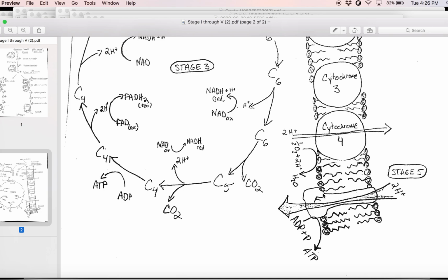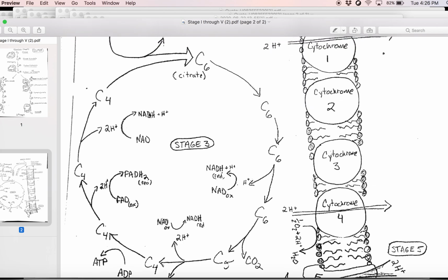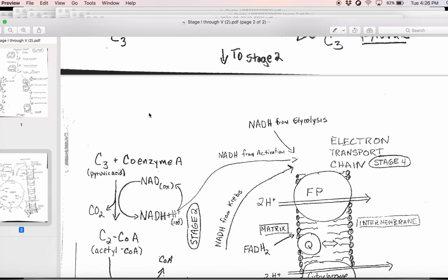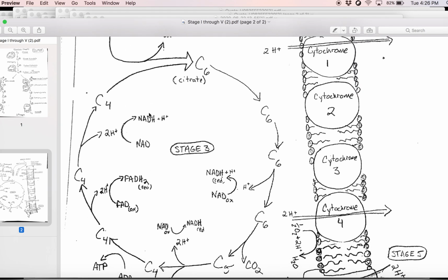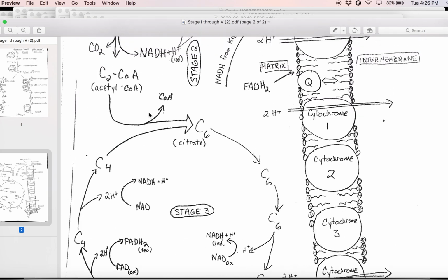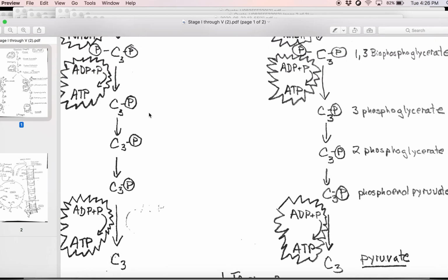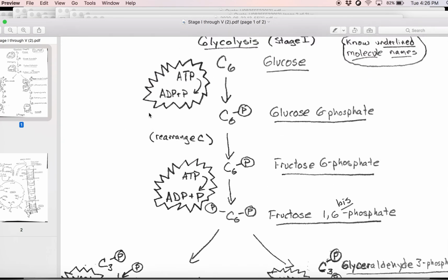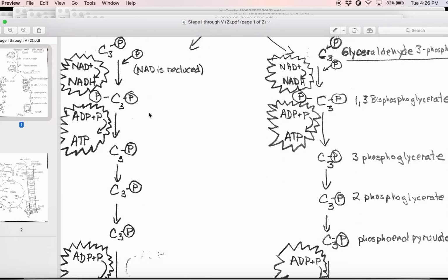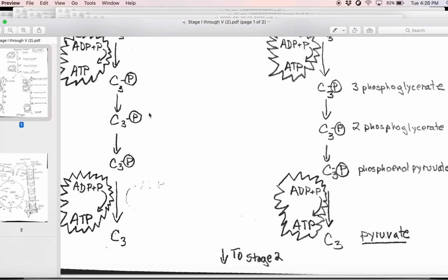But you get lots more ATPs out of this last stage, stage 5, than in any of the stages before this. And so if you can't do anything on this sheet which is normally pink, and all you're stuck with is this sheet, which is normally blue, because there's no oxygen around, you can't make much ATP, and you can't do much, because there's not much ATP there.